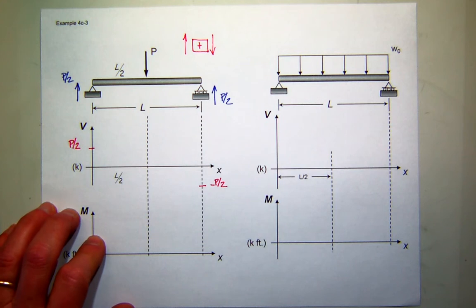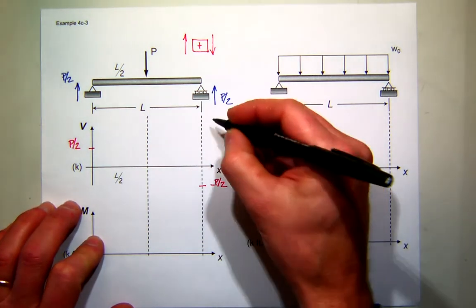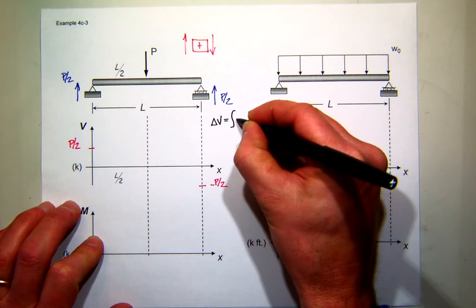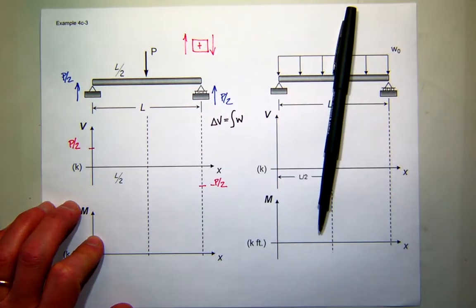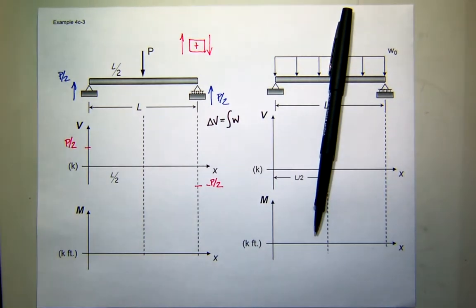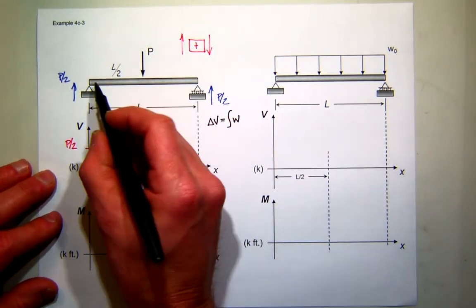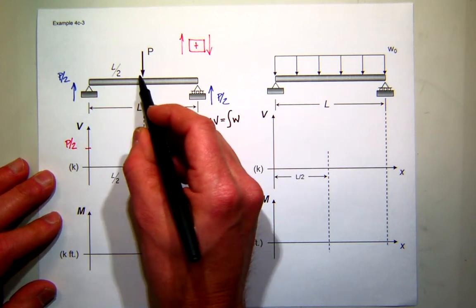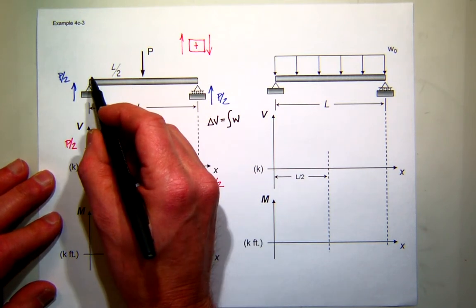So now we'll apply our relationships that we've been using the whole time. The change in shear is the area under the load curve, right? And what is the load curve? Between 0 and L over 2, what's the loading? 0. So there is no change.